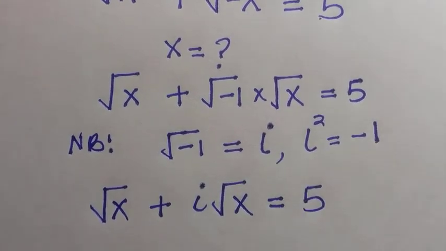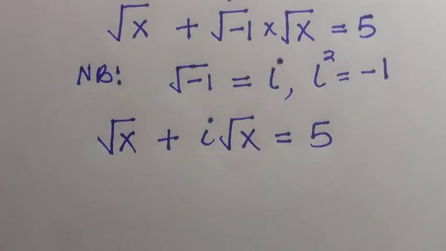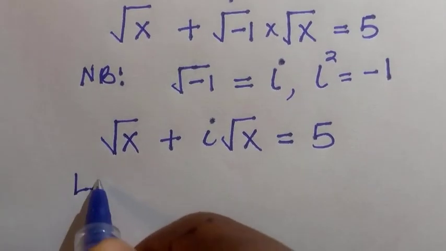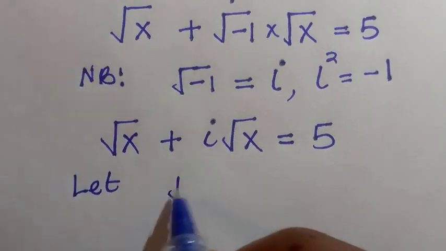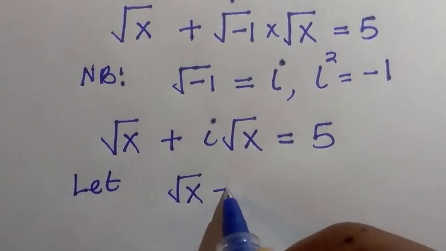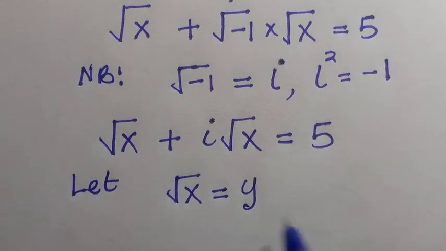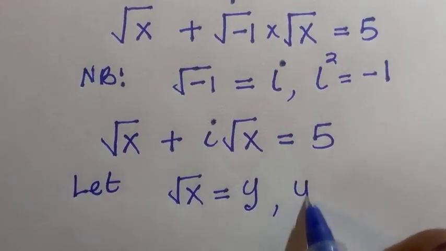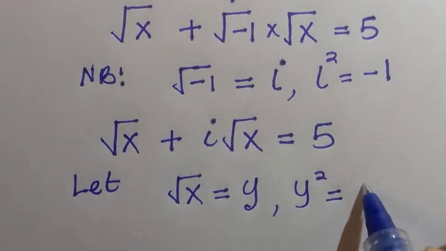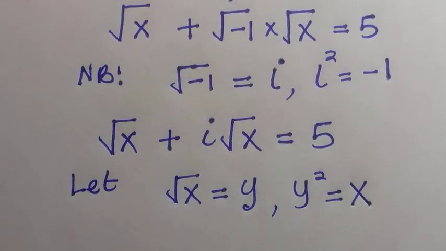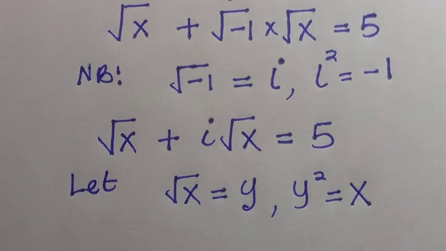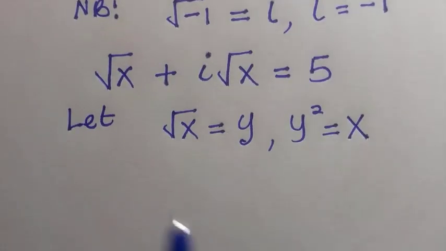And to make this thing simple, we are going to let square root x equals y. Then we are going to make x the subject, that is y square equals x. On getting this, let's try to do the replacement.